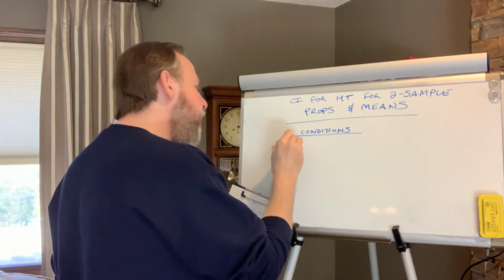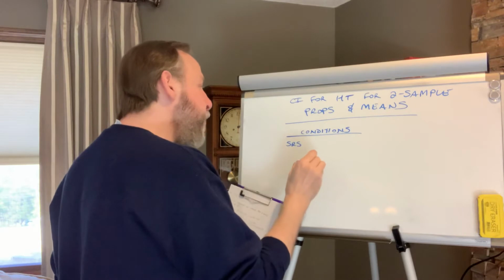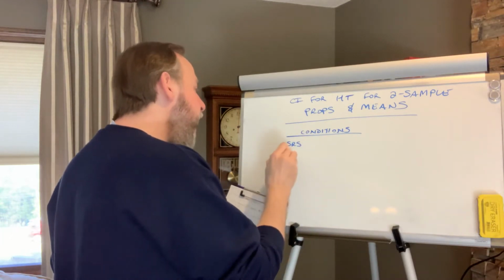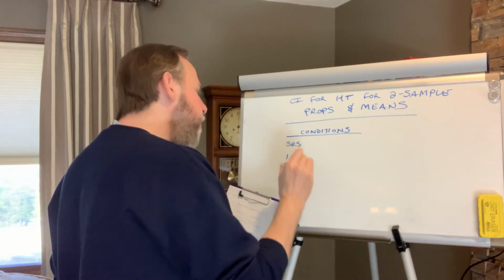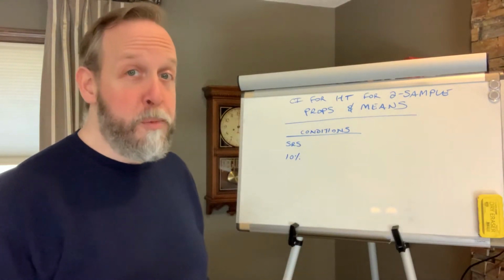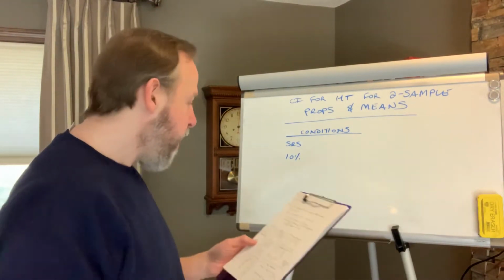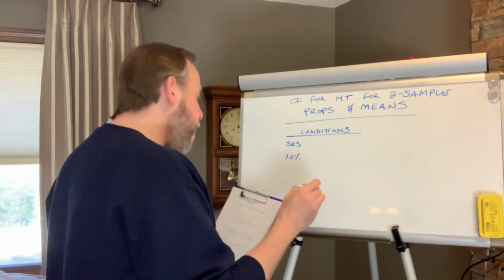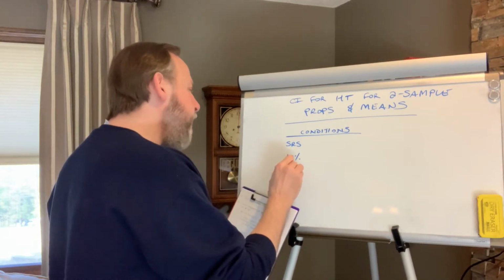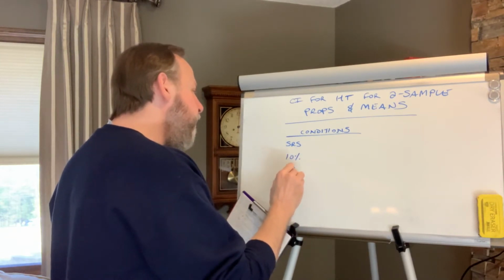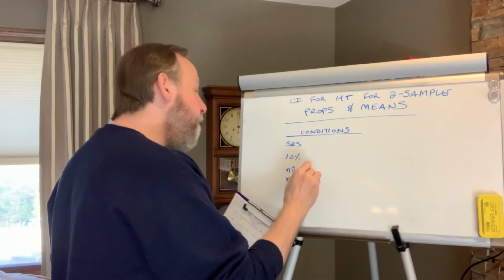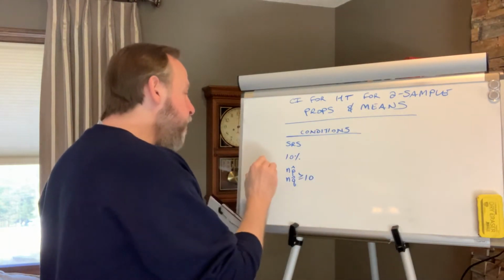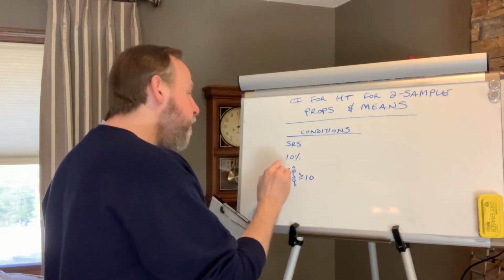Well, SRS, or some degree of randomization, and the 10% rule, which means our sample has to be no more than 10% of the population. And for proportions, we had n p hat and n q hat being at least 10, and that was only for proportions.